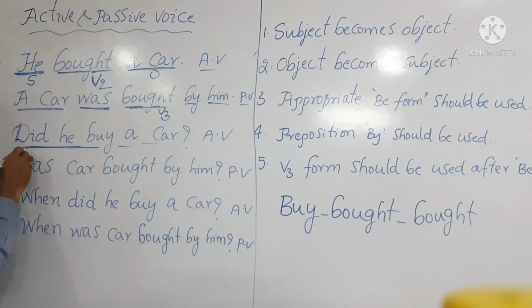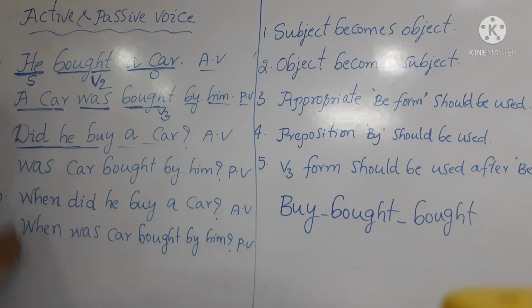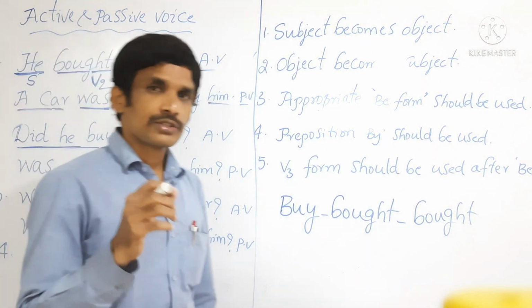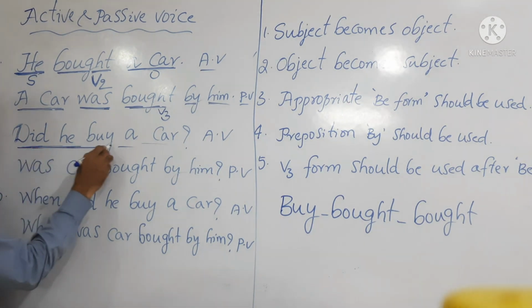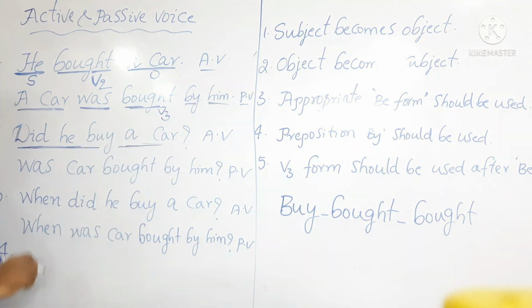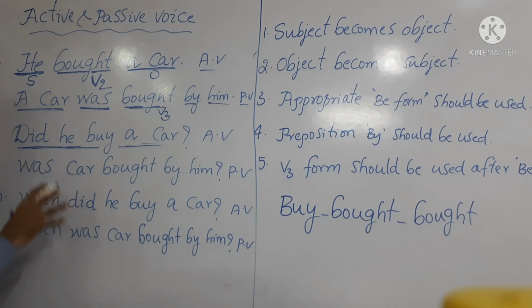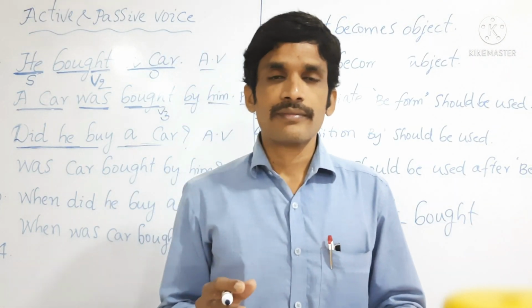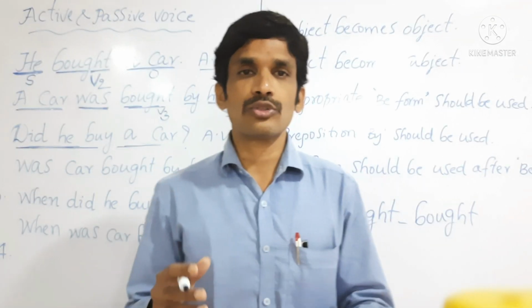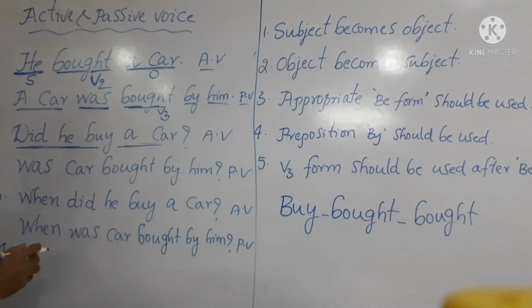Question starts with a helping verb in a yes or no question. So "Did he buy a car?" is a yes or no question. When the given sentence in active voice is a yes or no question, the passive voice also begins with the helping verb.